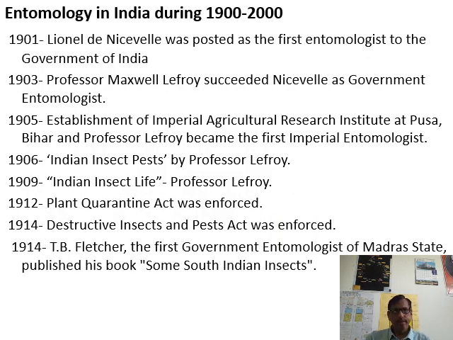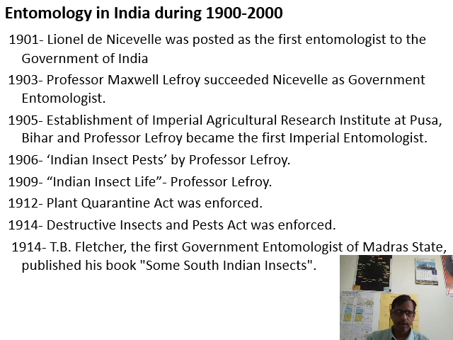Entomology in India during 1900 to 2000. In 1901, Lionel de Nicéville was posted as the first entomologist to the Government of India. In 1903, Professor Maxwell Lefroy succeeded Nicéville as government entomologist.